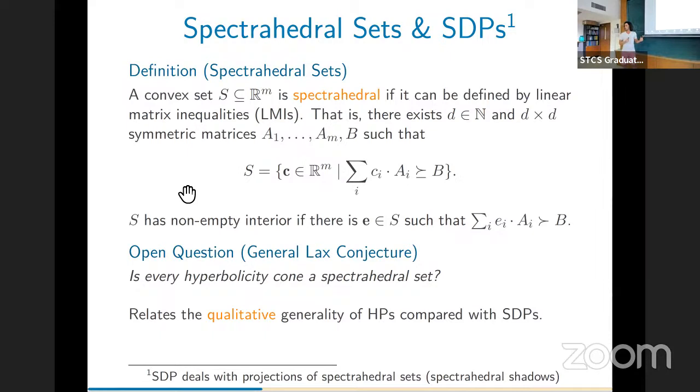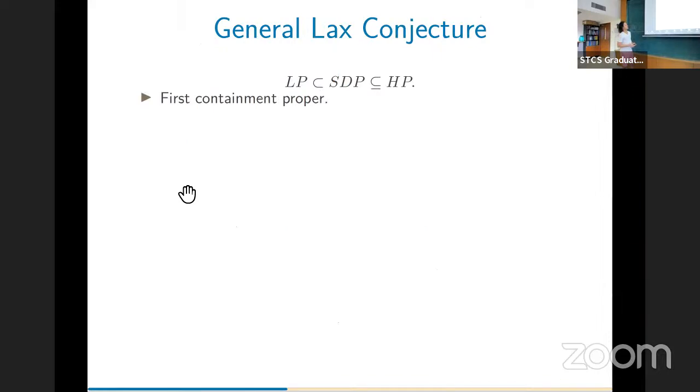If you take any homogeneous real stable polynomial, then it is hyperbolic in the all-ones direction. Real stable means hyperbolic, and your hyperbolicity cone contains the non-negative orthant, when the polynomial is homogeneous.